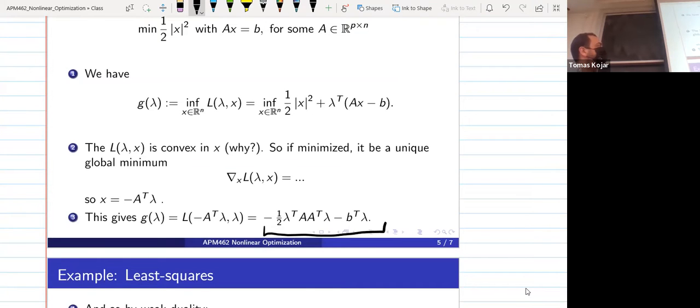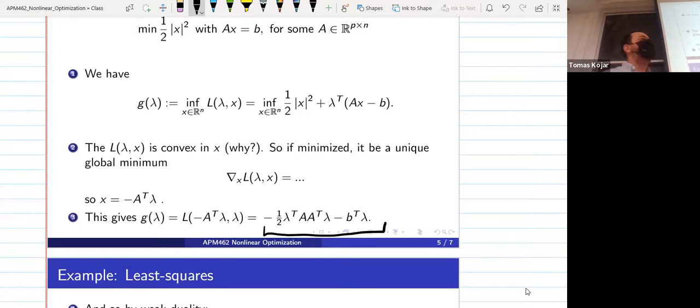I know it looks terrible, but can you tell what amazing thing happened in this new problem? Suppose I take a minimum of this. What advantage do I have compared to before? Something changed. So minimum over lambda.